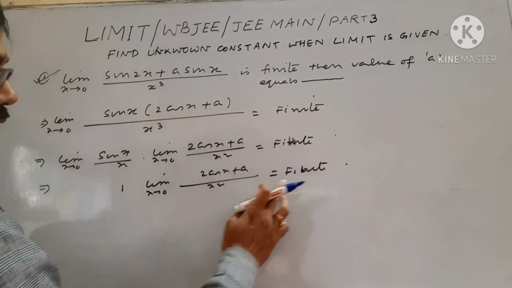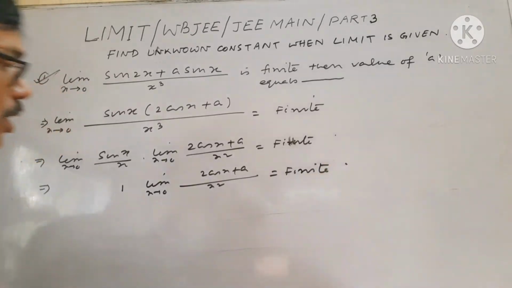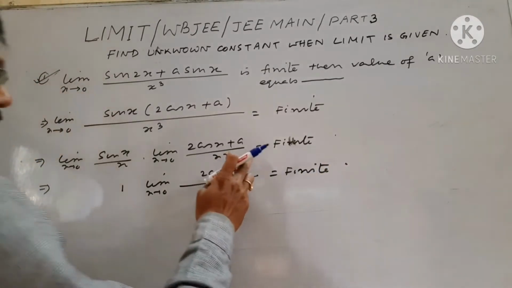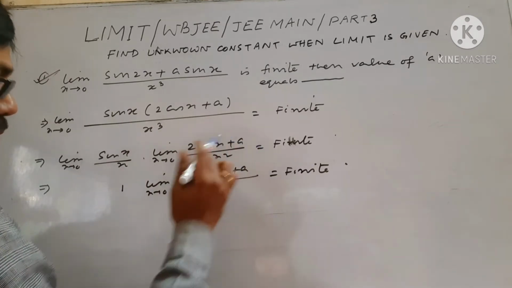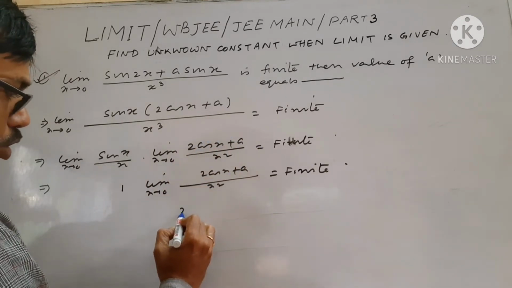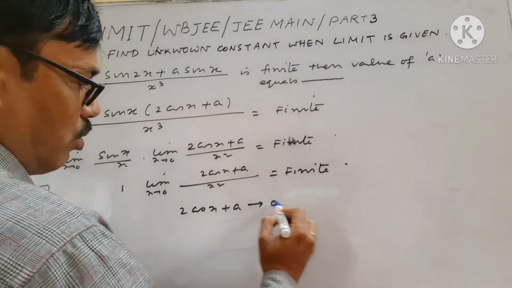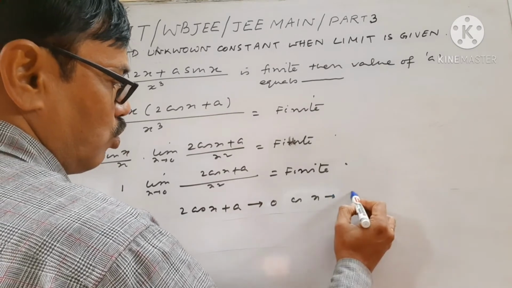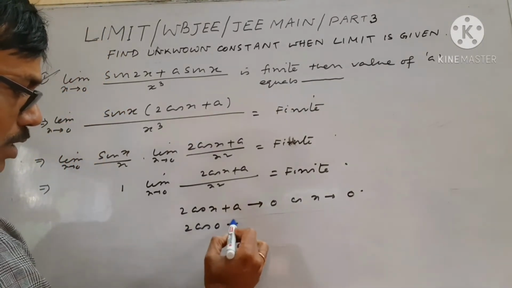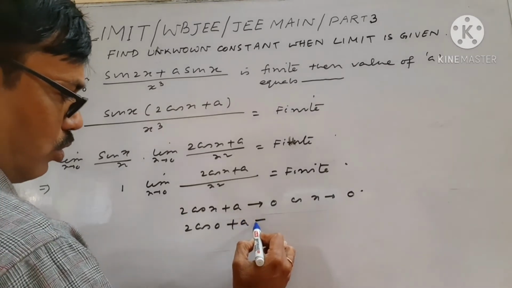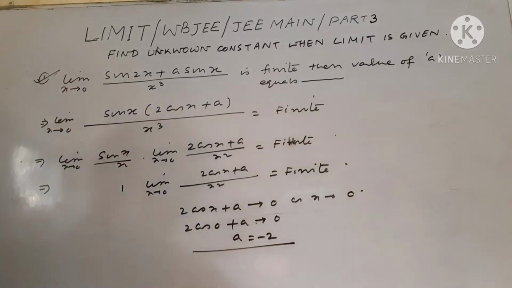So to use L'Hospital rule, to make it 0 by 0 form, 2 cos x plus a tends to 0 as x tends to 0. So therefore 2 cos 0 plus a tends to 0. So what is a? a equals to minus 2.